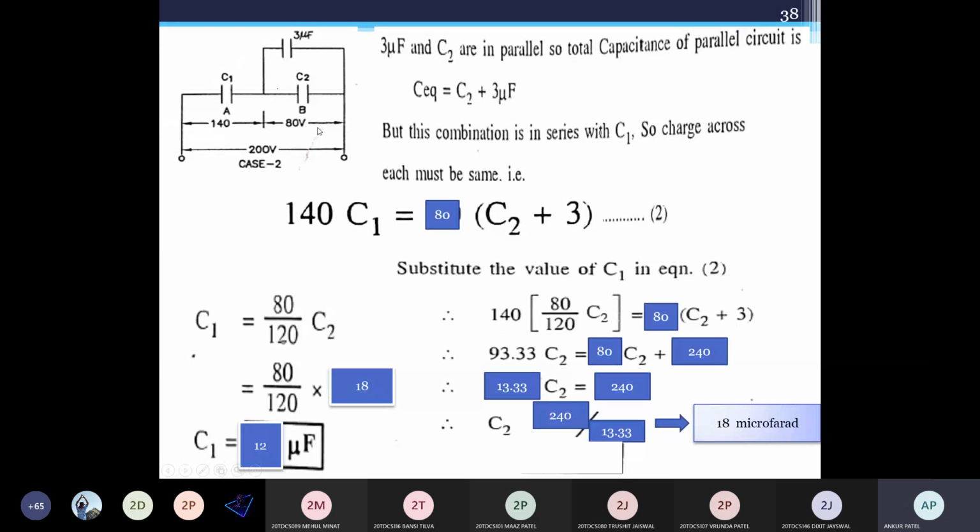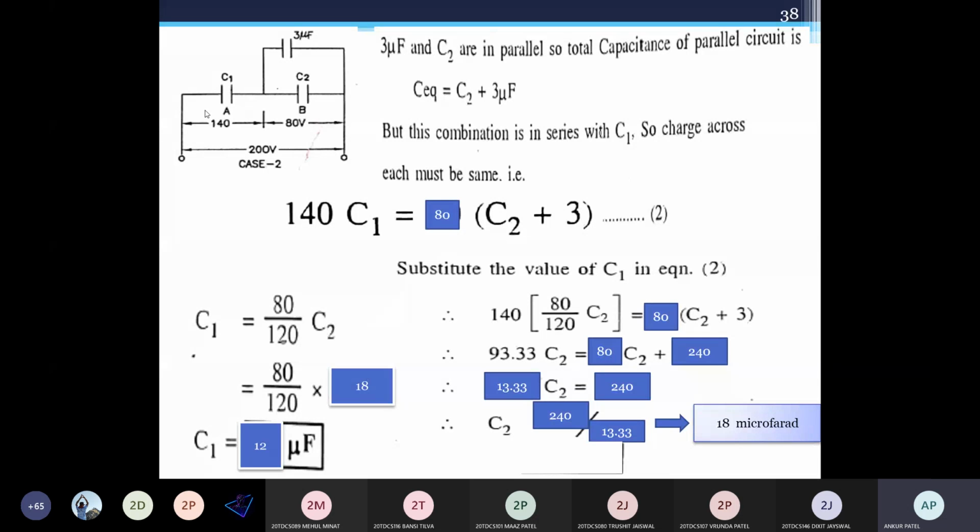Case 2: 3 microfarad and C2 are in parallel. So the total capacitance of the parallel circuit, C equivalent, is equal to C2 plus 3 microfarad. After getting this equivalent, this equivalent and C1 are in series combination. So the charge across each must be the same.